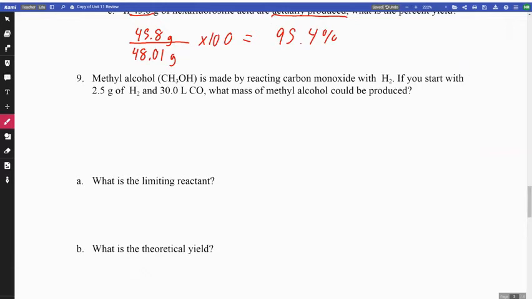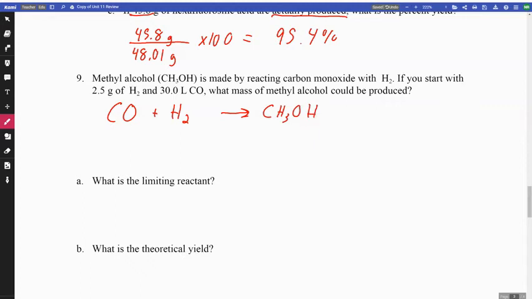Okay, so next is this next one, which makes sense. All right, so first off, we need our equation. Methyl alcohol is made by reacting carbon monoxide with H2. So carbon monoxide, which is CO, plus H2, and that produces methyl alcohol, CH3OH.